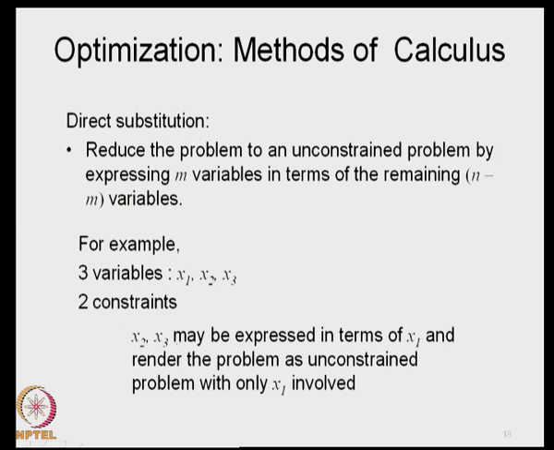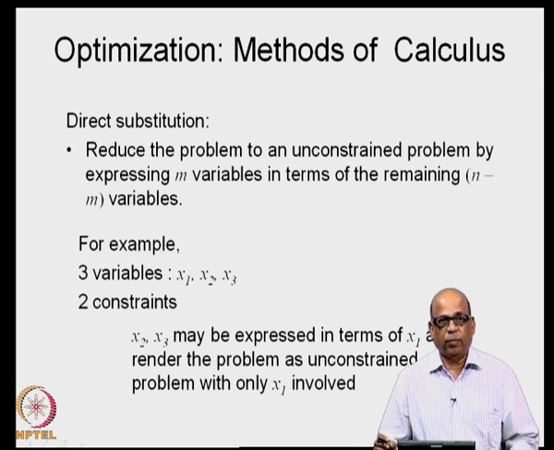So, 2 variables we express in terms of the n minus m variables, which is 3 minus 2 variables, which is 1 variable, and that is x 1, and then render the problem as an unconstrained problem with only x 1 involved. And once it is rendered an unconstrained problem, we know how to solve this. We have just seen the unconstrained optimization method. So, we use the unconstrained optimization method to solve such a problem. So, this is what we do in direct substitution.